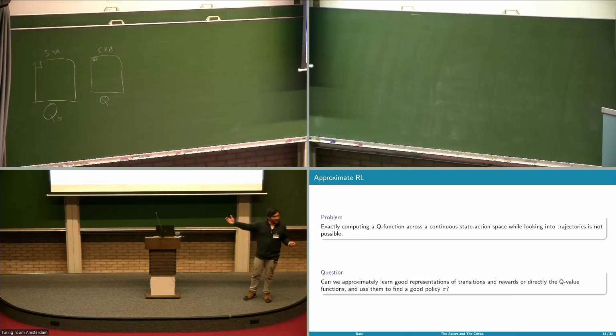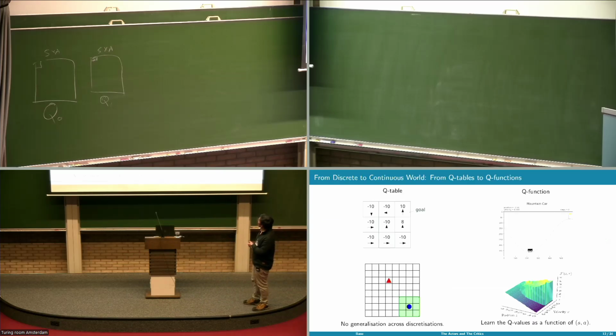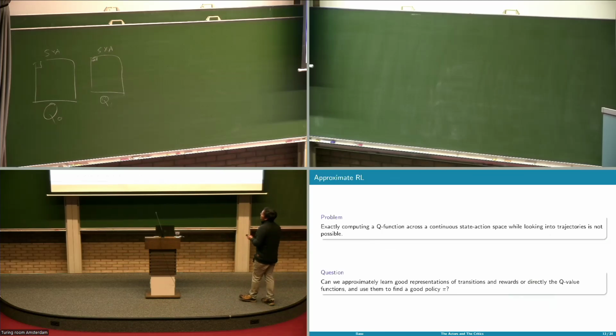First thing, you don't have infinite time to go to infinite horizon and do that simulation, and again, computing the expectation exactly is too hard. You need too many samples. So even doing this simulation takes quite a bit of time that you don't want to spend if you just want to find the optimal policy. So the question is, can we approximately learn a good representation of transition and rewards, or directly the Q value function, and use them to find a good policy?